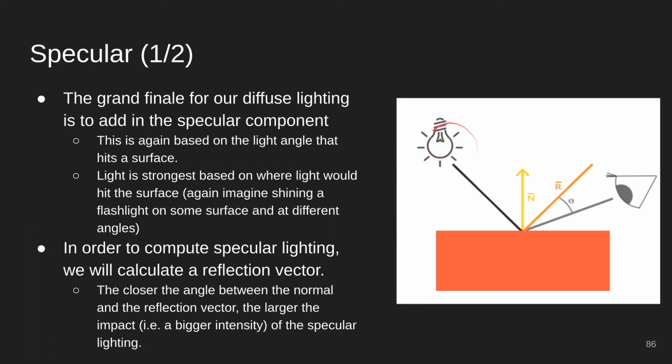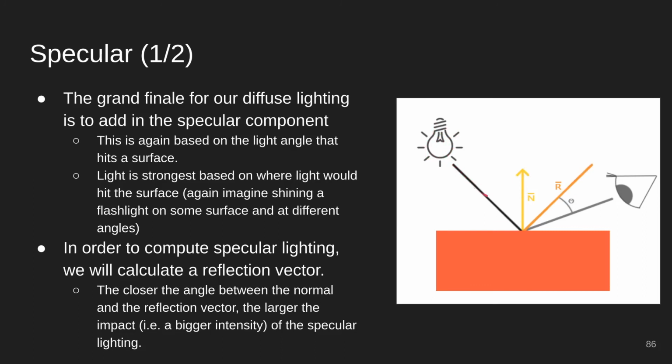Okay, so here's our light. Here's where we're viewing our object from. Here's our normal. Here is the angle that is reflected from our light source. So it's reflected across the normal vector here. Here's our light.